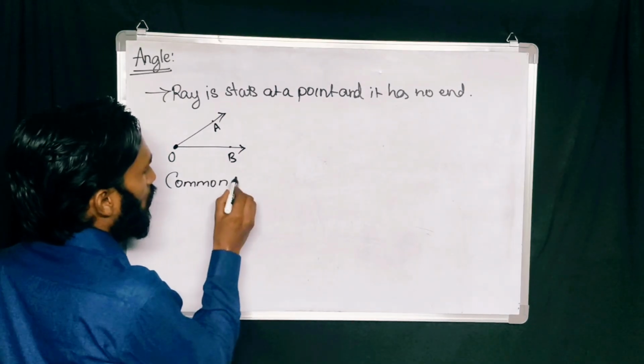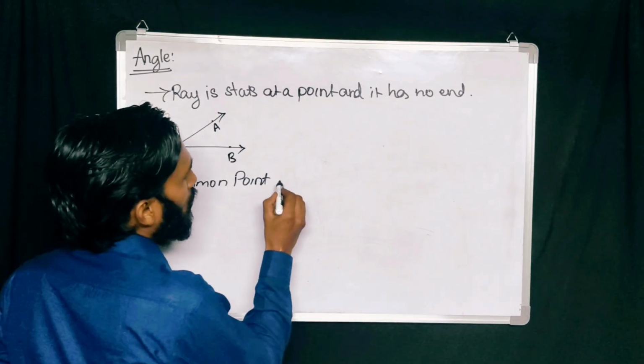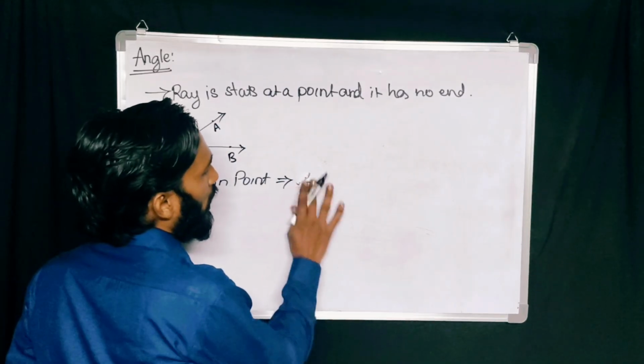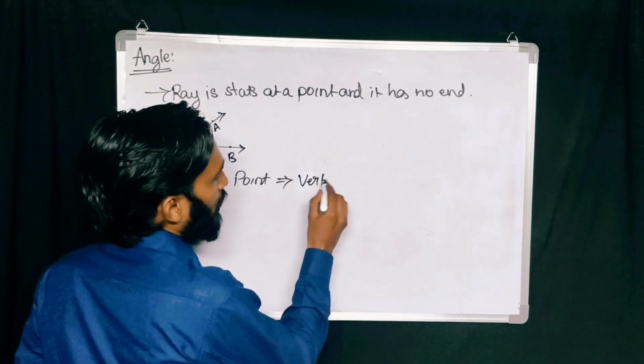This common point O is called the vertex.